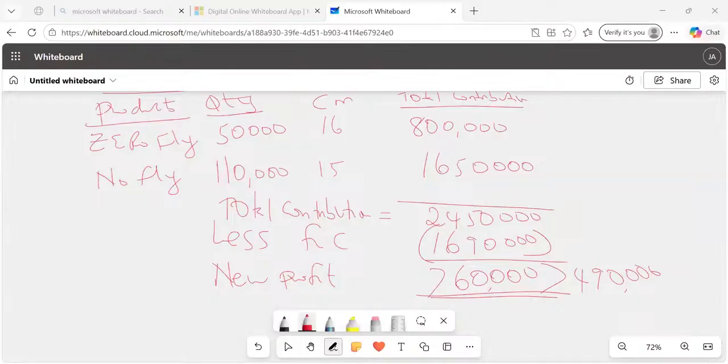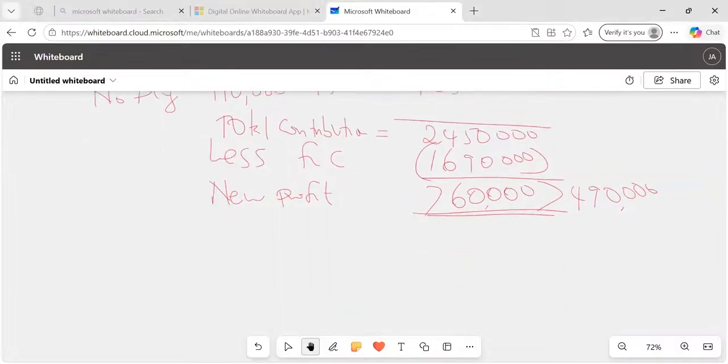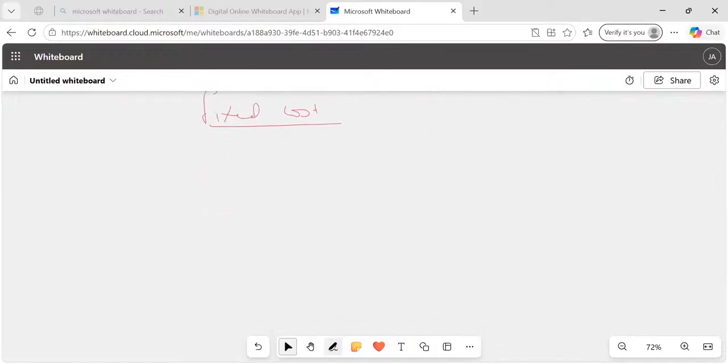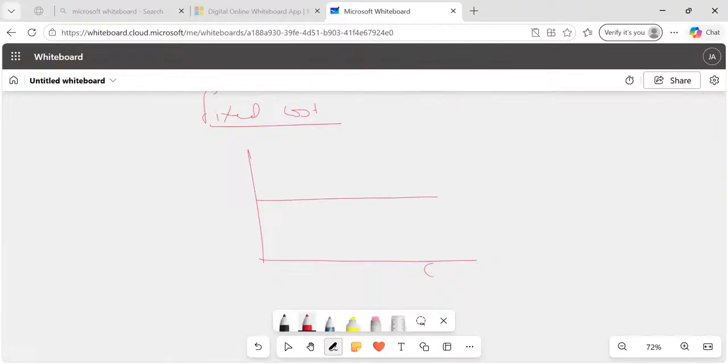Fixed cost changed. Now, ladies and gentlemen, please listen to me very well. Do we know the meaning of fixed cost? So fixed cost behaves like this. They are always flat, constant.